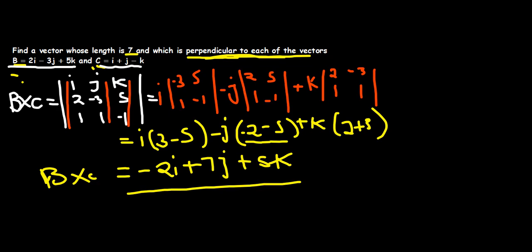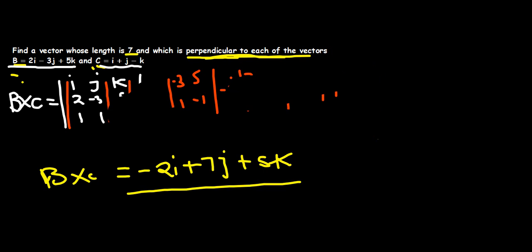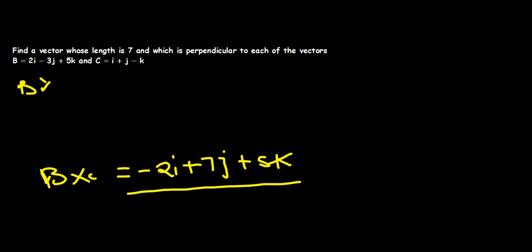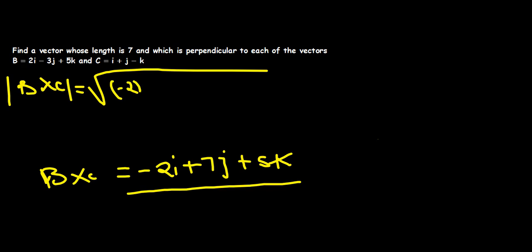For us to find the unit vector of this, we have to find the magnitude. So let's clean up the top part here and find the magnitude of that cross product. The magnitude of b cross c, put in bars like that, is equal to the root of minus 2 squared plus 7 squared plus 5 squared.